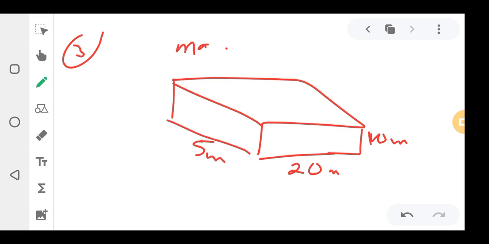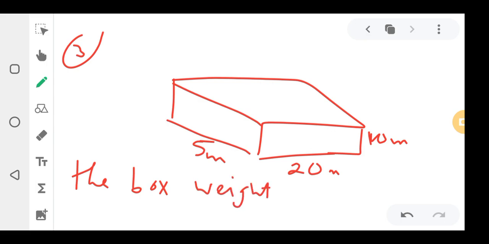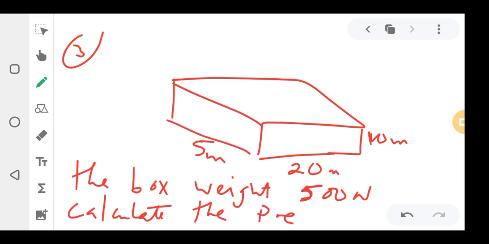The box weighs 500 newtons. Calculate the pressure.